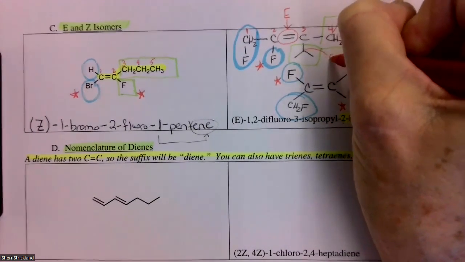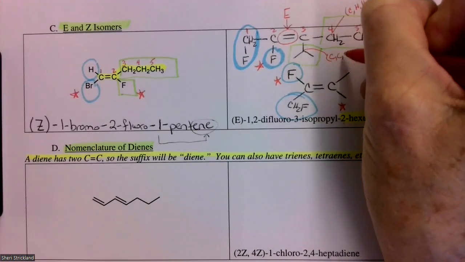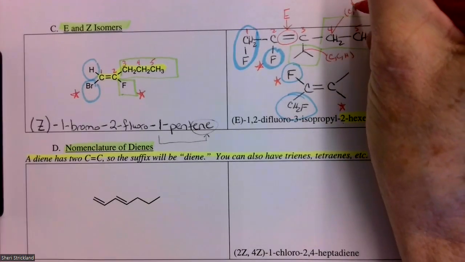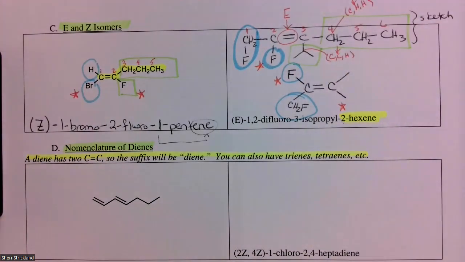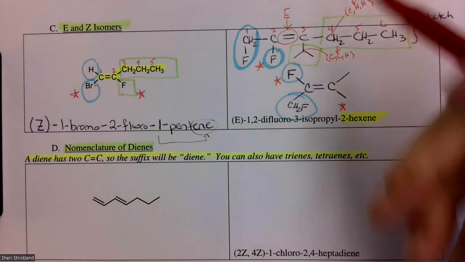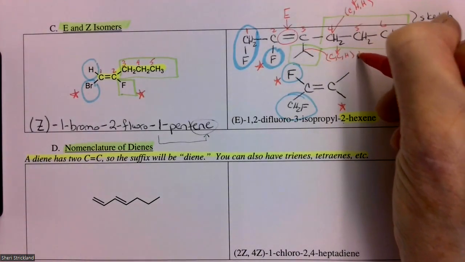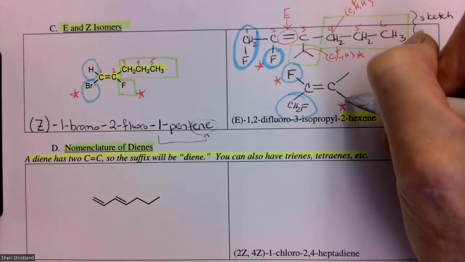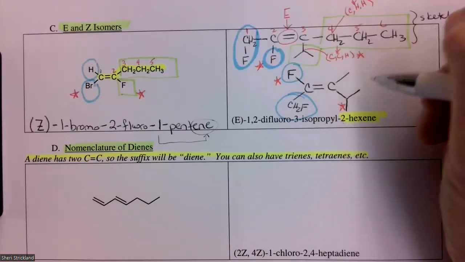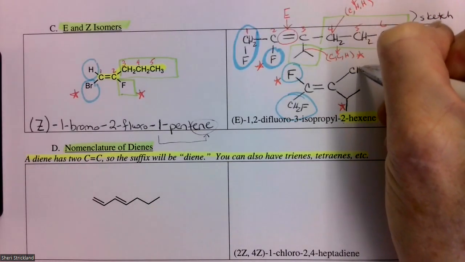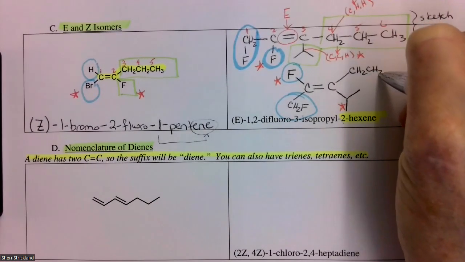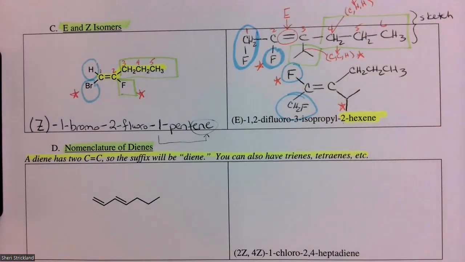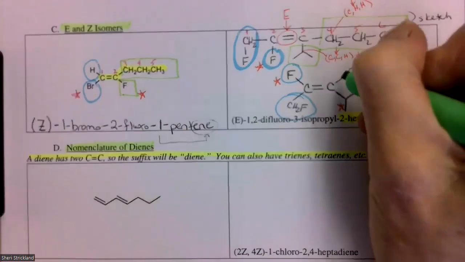And this one is carbon, carbon, hydrogen. That tells me that the isopropyl group has the higher priority, and that means that the isopropyl group has to go right here. And then the rest of it goes right there. All right, so this is the final structure.